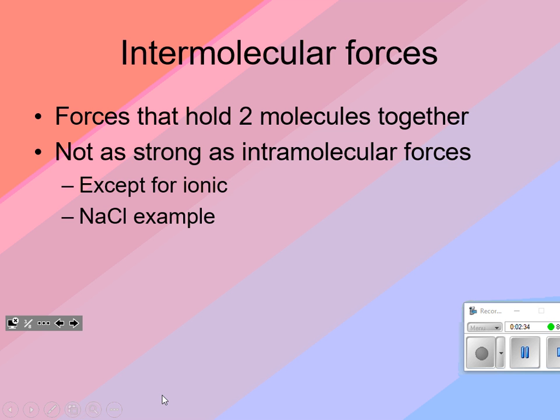For the most part, the intermolecular force, what holds two molecules together, is not as strong as the intramolecular force, what holds the atoms together in one compound. There is an exception, however, that'd be NaCl.